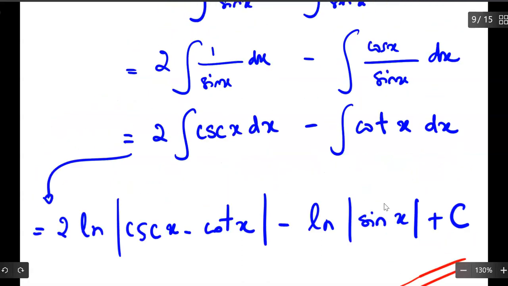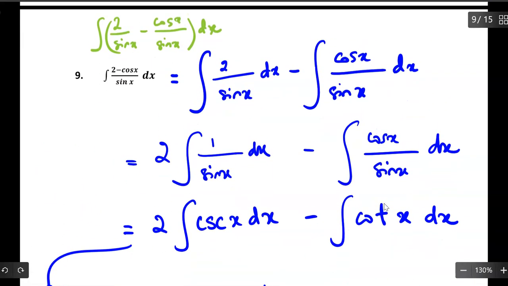Alright, okay, so in this particular example, you have no fast rule that you can apply. You cannot try to let 2 minus cos of x equal to u. If you do that, you can differentiate, but don't forget this is divided by sine of x.